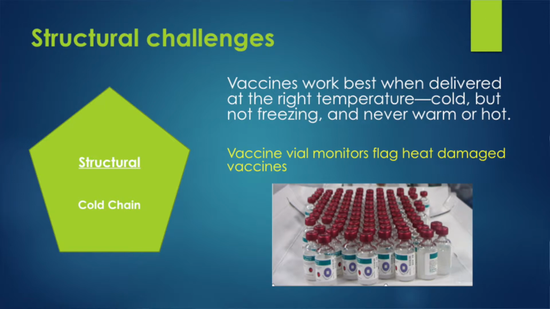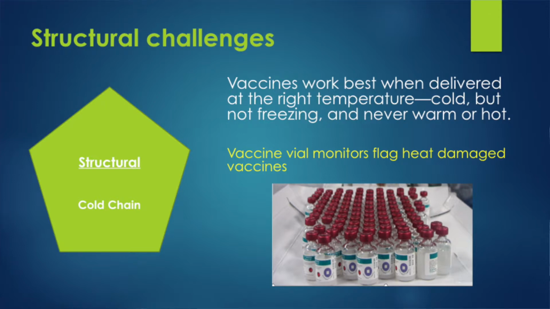PATH found a technology originally used by the food industry to monitor perishable products and worked with its owners to adapt it for vaccines. The vaccine vial monitor is a small circle sticker that is placed or printed on a vaccine vial.